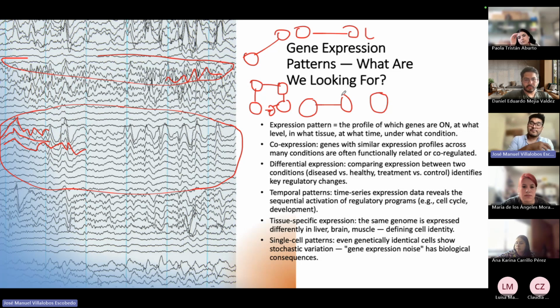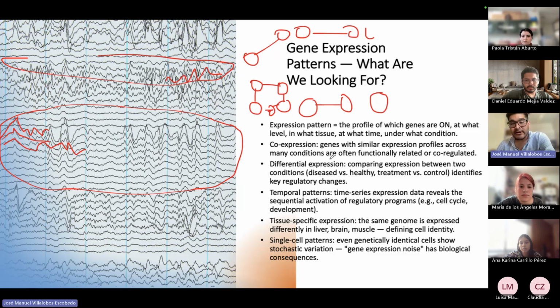For example, some are expressed in the nucleus or cytoplasm. You can put this information in these networks too. And that it is tissue specific is super important, because liver, brain and muscle have different patterns, and you need to describe these patterns and create the network for a specific tissue. Also single cell, a new technology, is super important because we can see expression for each cell, and at the end we can have very nice networks interacting between them and see new properties.